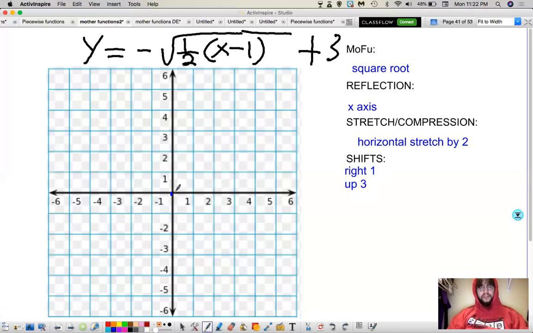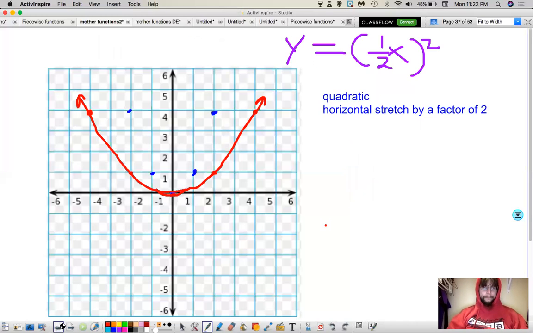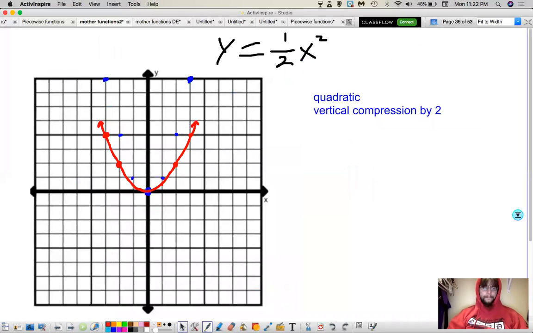Okay, basic points here, 0, 0, 1, 1, 4, 2. Reflection over the x-axis. Horizontal stretch by 2. Okay, I need a bigger graph for that one. Yeah, I'm kind of lazy to do this, but let's do it anyway.